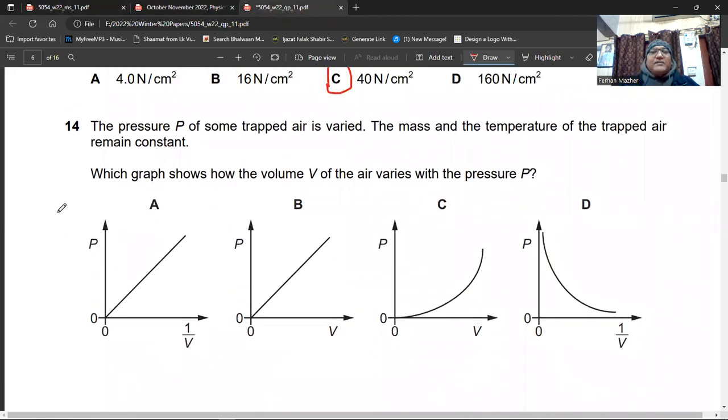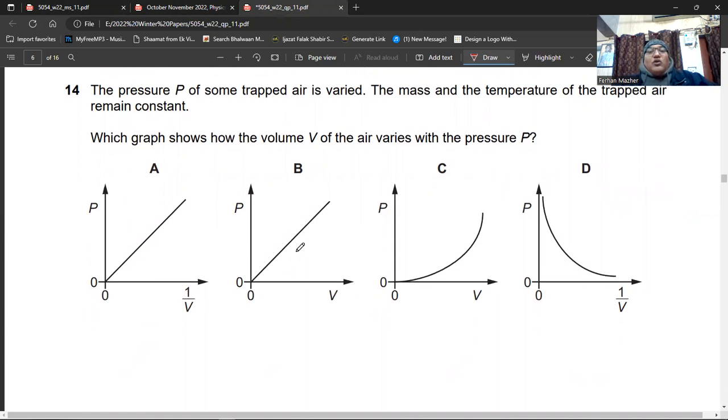Okay, it says the pressure of some trapped air is varied. The mass and the temperature of the trapped air remain constant. What graph shows how the volume V of the air varies with the pressure P?